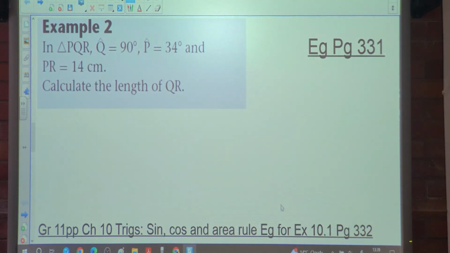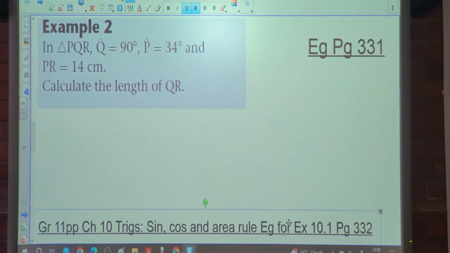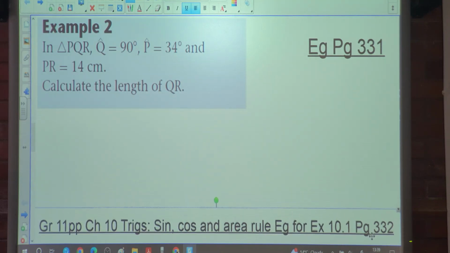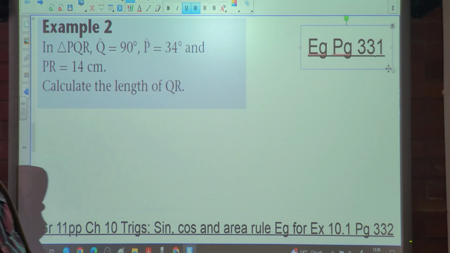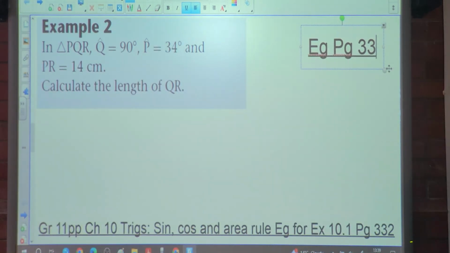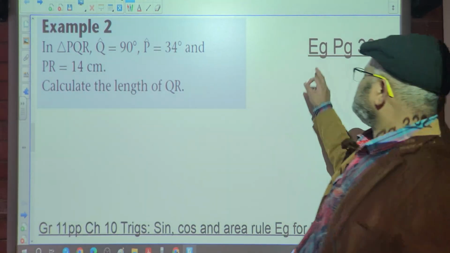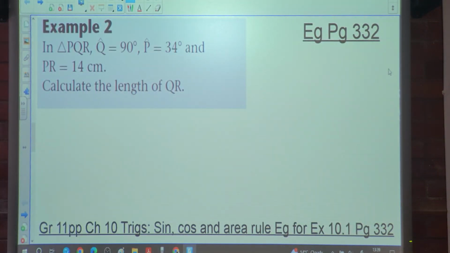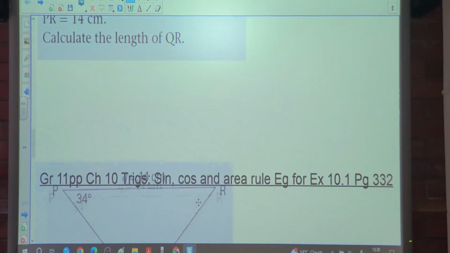Example 2 is on page 32. Okay. So triangle PQR. Yeah, here's a triangle.